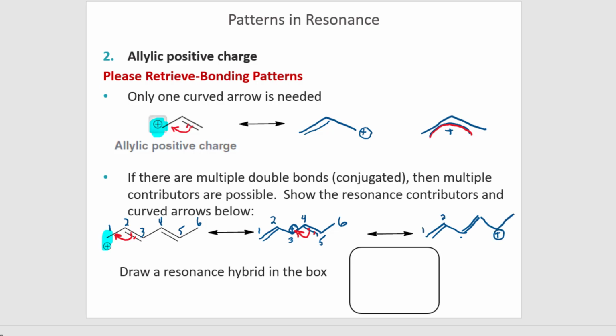1, 2, 3, 4, 5, 6. There's actually some more resonance contributors to this because remember, these bonds are not really single bonds and they're not really double bonds. Every single bond, because it's in flux like this, has rotation.